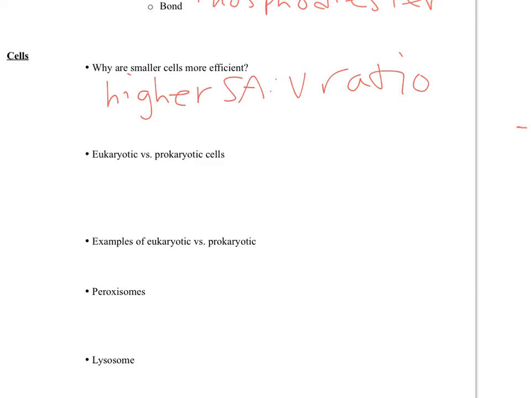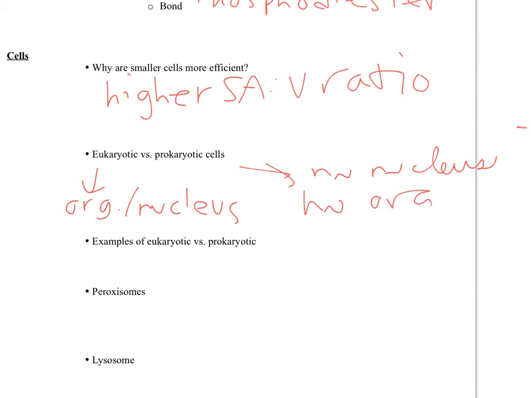Eukaryote versus prokaryote cells, you need to know that eukaryote cells have organelles, have a nucleus. Prokaryote cells have no nucleus, no organelles. Examples of a eukaryote cell would be plant, animal, fungi, etc. Prokaryote are bacteria. That's your only example for a prokaryotic cell.